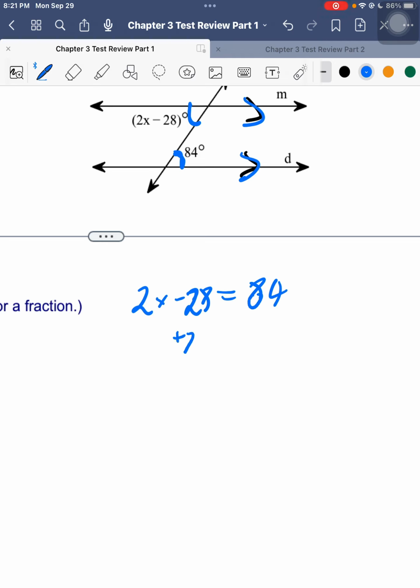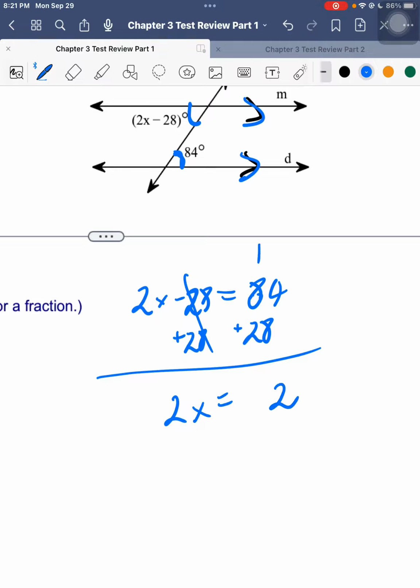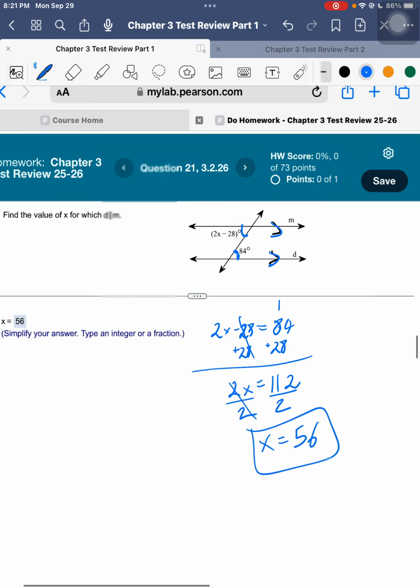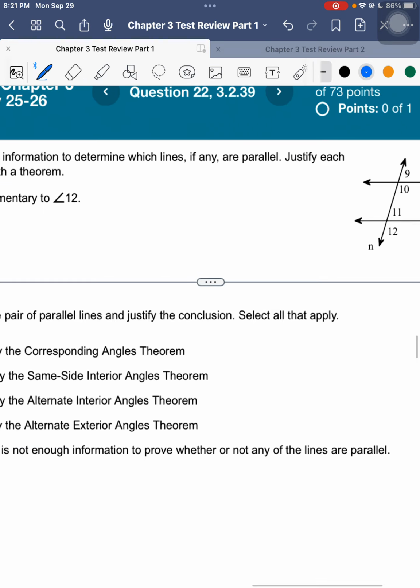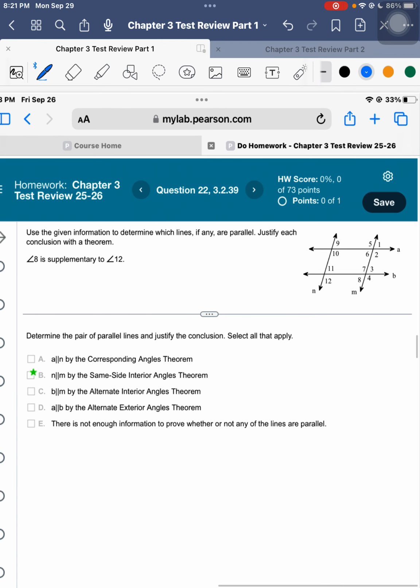So let's do it, because why not? 28 plus 28 plus 28. There we go. Now that's 56. So my x is 56. Okay?